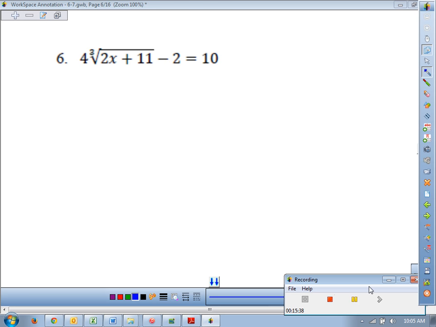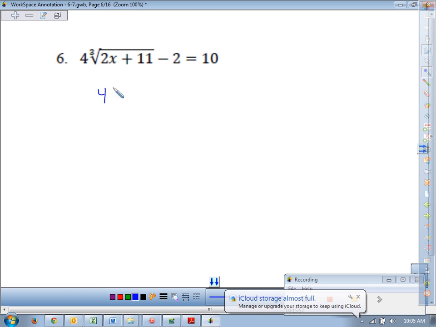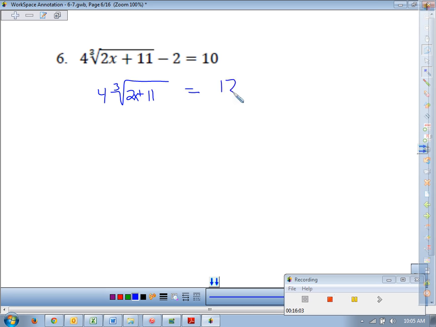Next one. How many radicals? 1. Let's isolate him. But he's not a square root. He's a cube root. Isolate him. Don't forget your index all the time. That kind of gets lost with all the writing that we have to do on these.